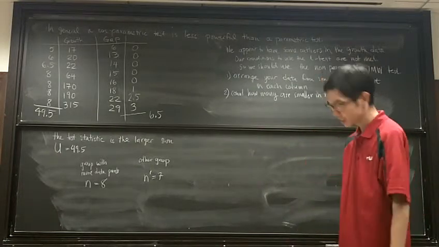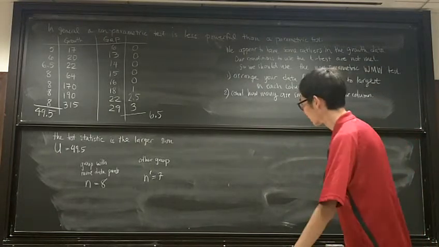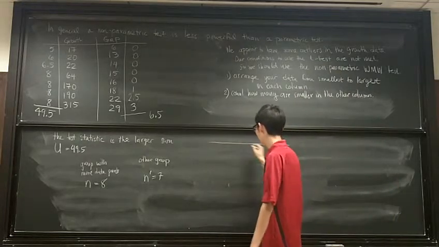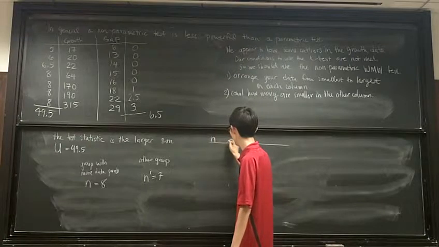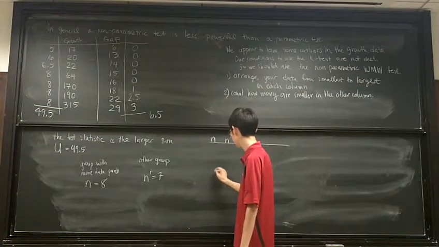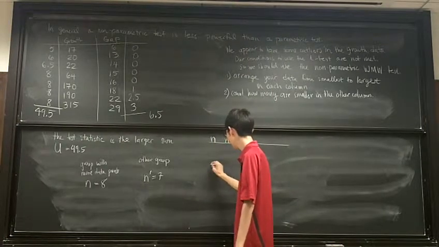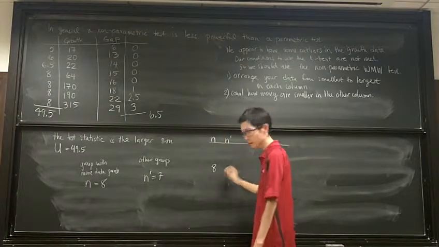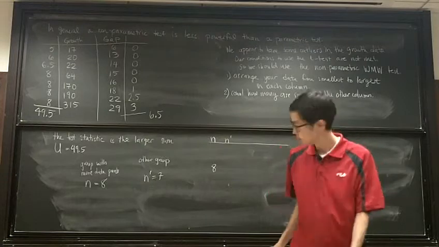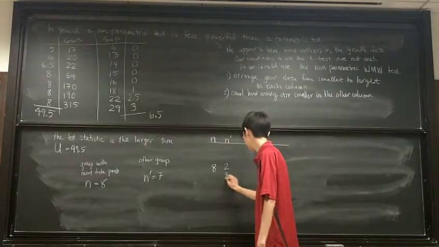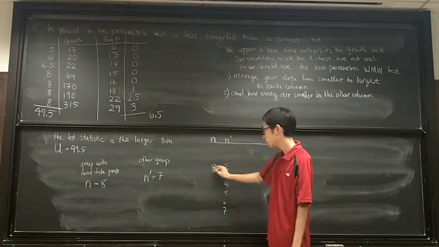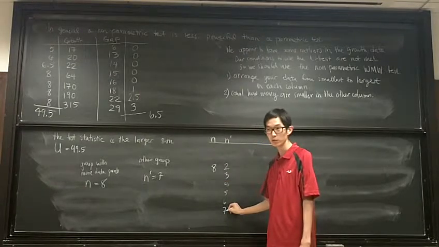Okay. So now we go to our Wilcoxon Mann-Whitney table, and we look up N and N prime. Somewhere down the column there will be N equal to 8, and N prime starts at 2 and goes 2, 3, 4, 5, 6, 7. So we go to this row where N is equal to 8 and N prime is equal to 7.